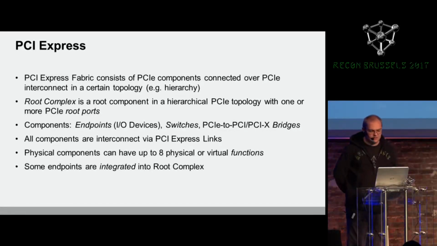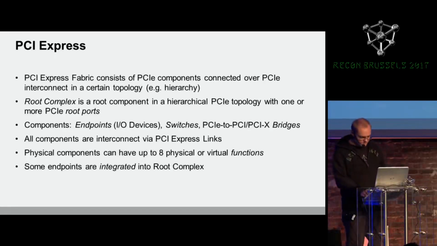Those components are interconnected in certain topologies. In this topology, there is a root complex which has multiple ports. There are endpoints, switches, and bridges. All of them are connected via PCI Express links. Every physical component has up to 8 virtual physical functions, and some of them may be integrated into the root complex.